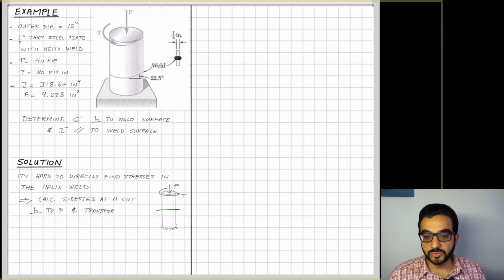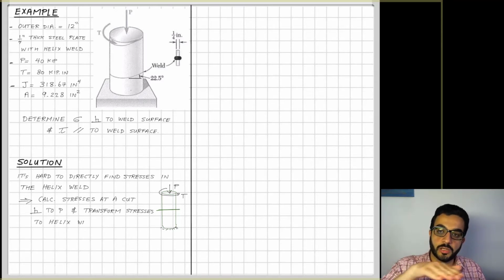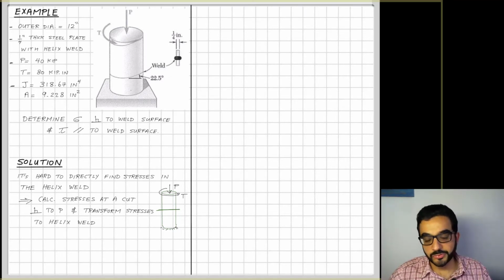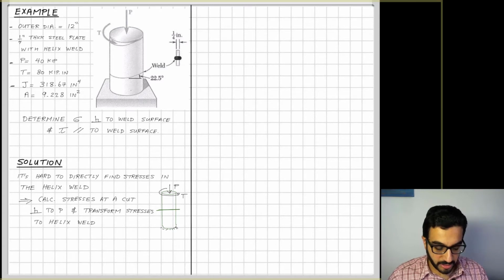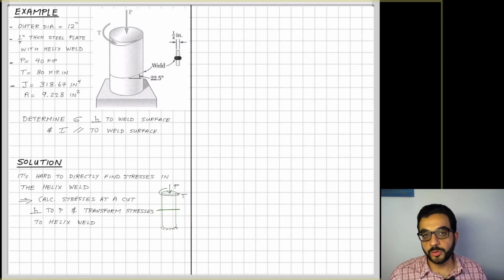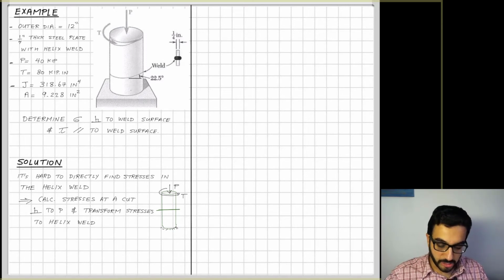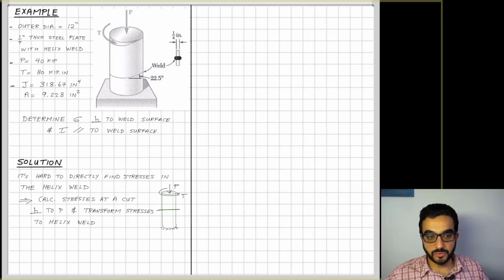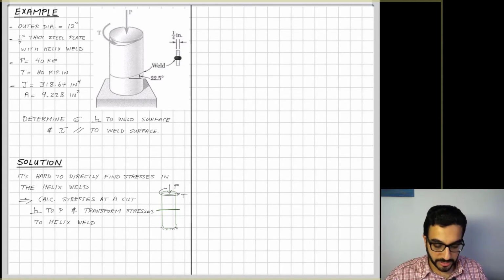So it's easier to do a cut that's perpendicular to P, a regular cut like we were doing in most members, and then transform whatever stresses we get from this cut into the orientation of the weld, which is at 22.5 degrees from the horizontal line. So that's the big solution plan: figure out the stresses at that horizontal cut and then transform them to the orientation of the weld.